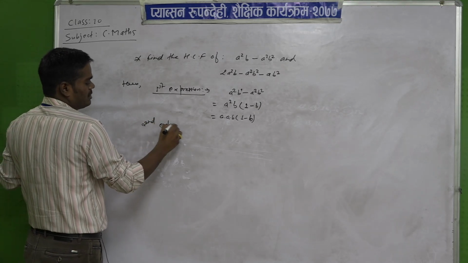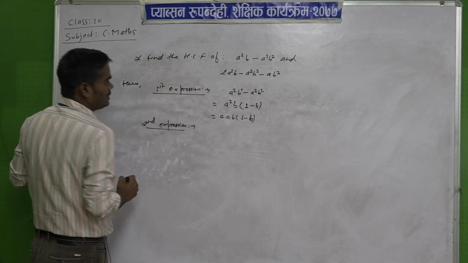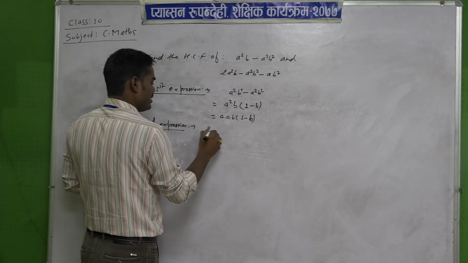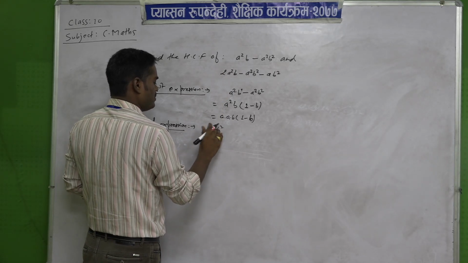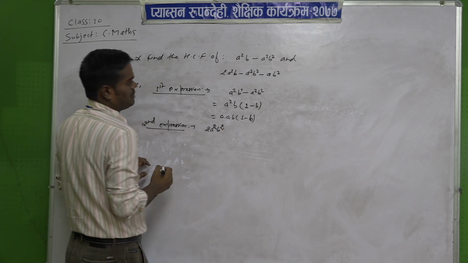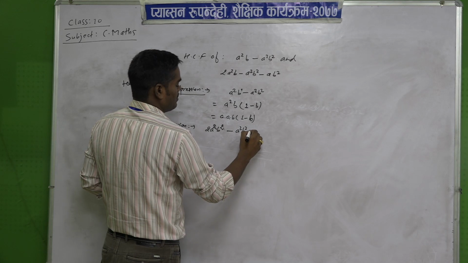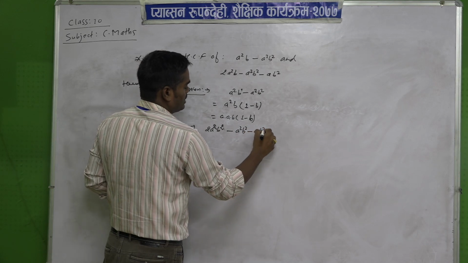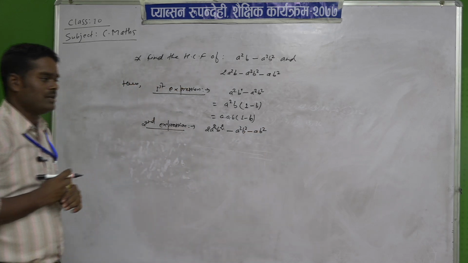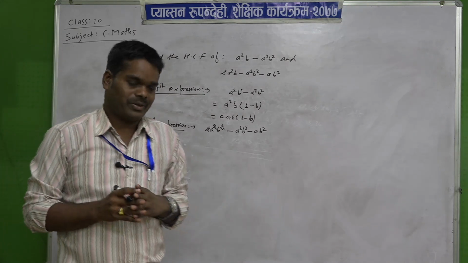Likewise the second expression. What is given? 2a square b square minus a square b square minus ab square. How many terms are here, my dear students? 3 terms.